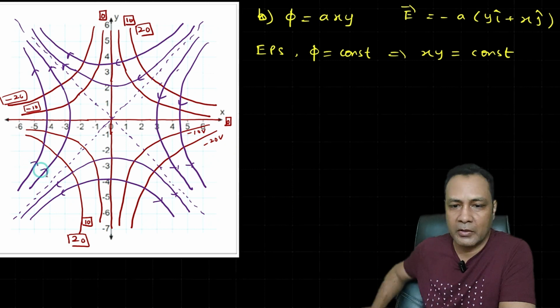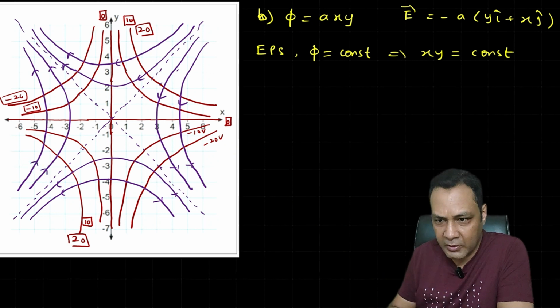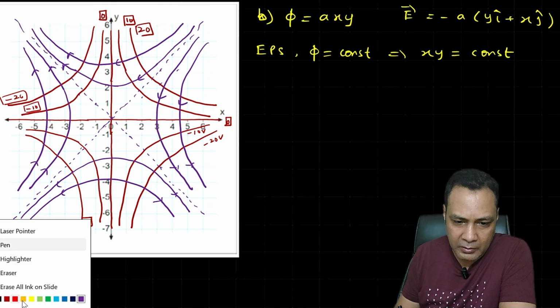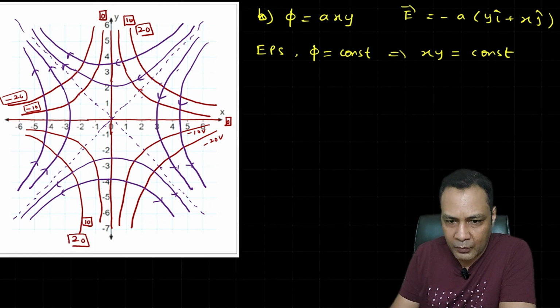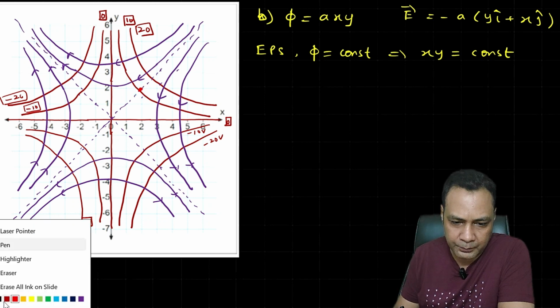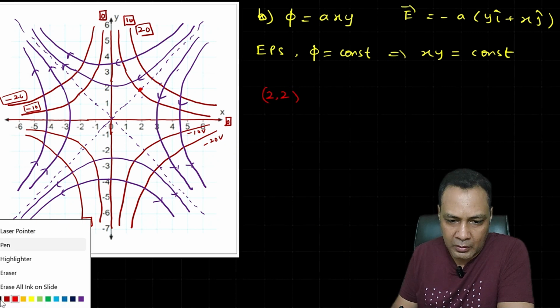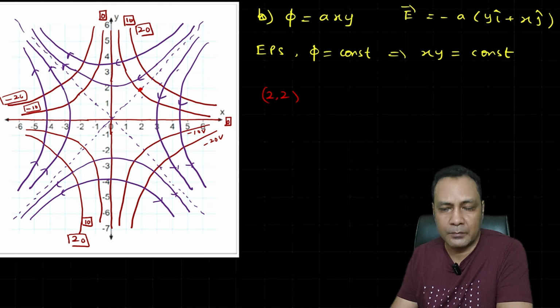So we have drawn the EPS and ELF, and you can again cross-check. Suppose I take once again this point, which is 2, 2, taking A equal to 1.